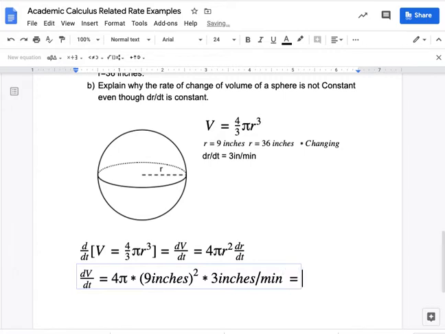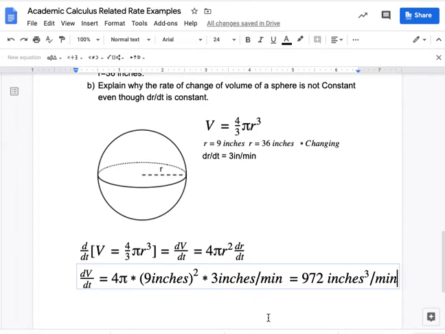If we go through and simplify that, 9 squared would give us 81. 81 times 3 would be 243. 243 times 4 gives us an answer of 972 inches cubed per minute.